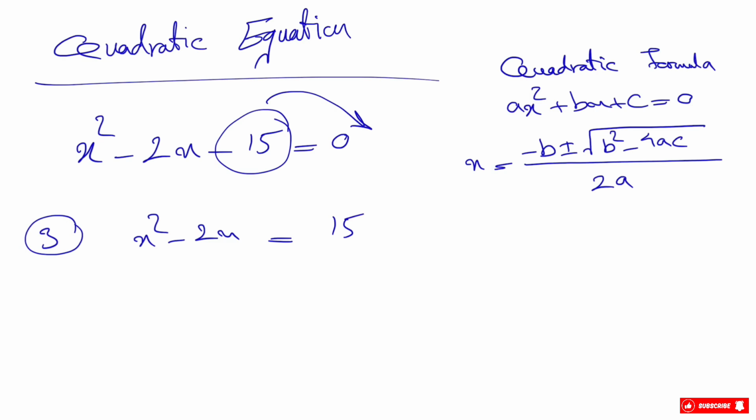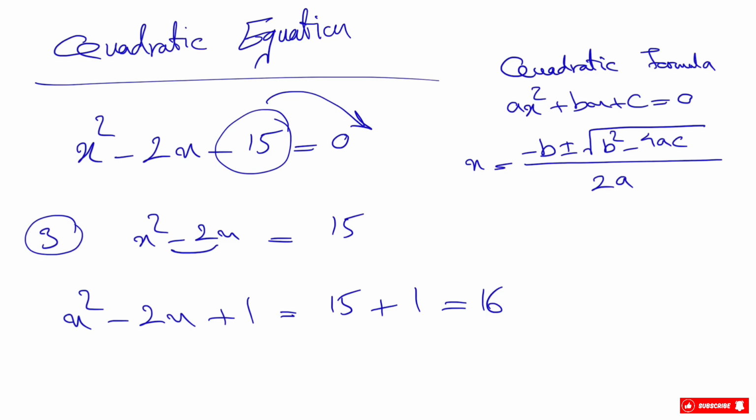And by looking at this, if we divide the minus 2 by 2, we can get plus 1, and we have x squared minus 2x plus 1, and if we add also plus 1 to the right side, we can get 16, which can be a completed square.